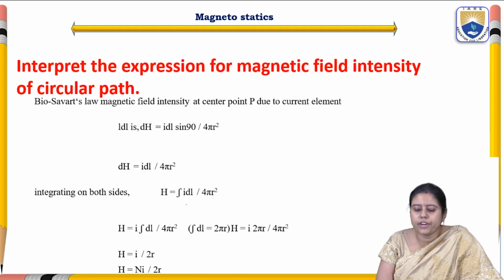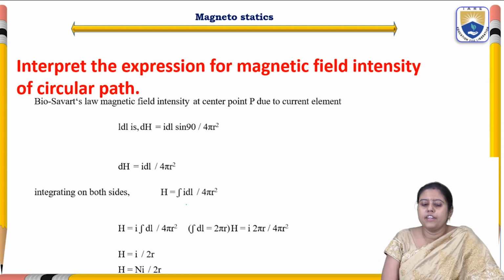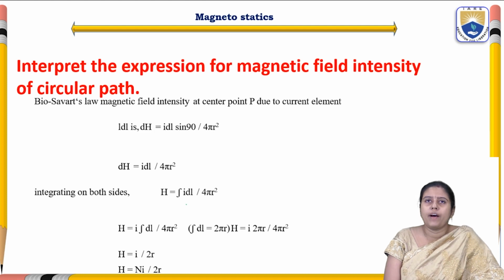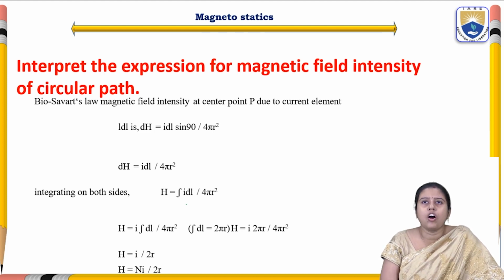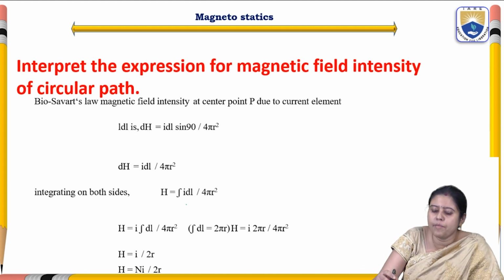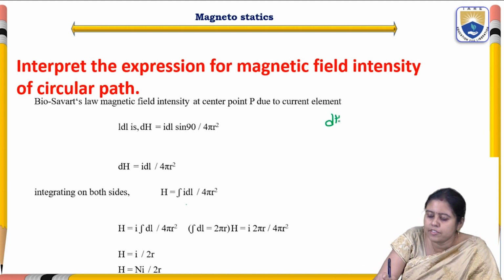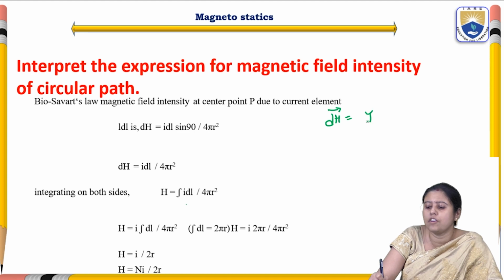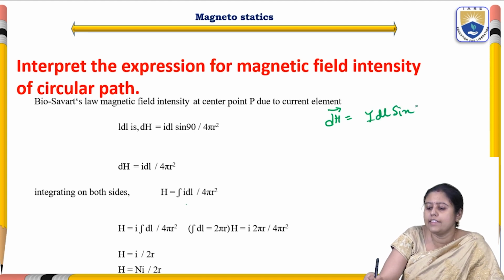Interpret the expression of the magnetic field intensity of the circular path. From the Biot-Savart law, the magnetic field intensity at center point P due to current element IDL is dH is equal to IDL sin theta by 4 pi r square.